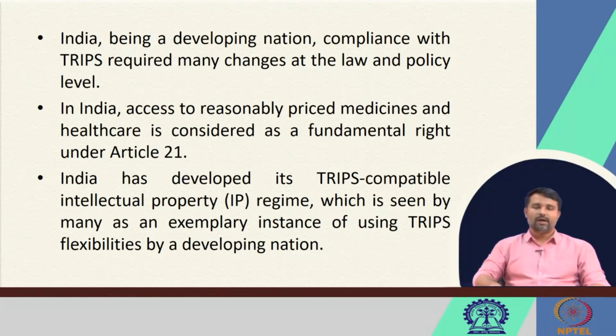But India utilized the flexibilities provided under the TRIPS agreement for the developing countries and developed a legal system which effectively balances the competing interests. This is considered as an exemplary instance of using TRIPS flexibilities by a developing nation.